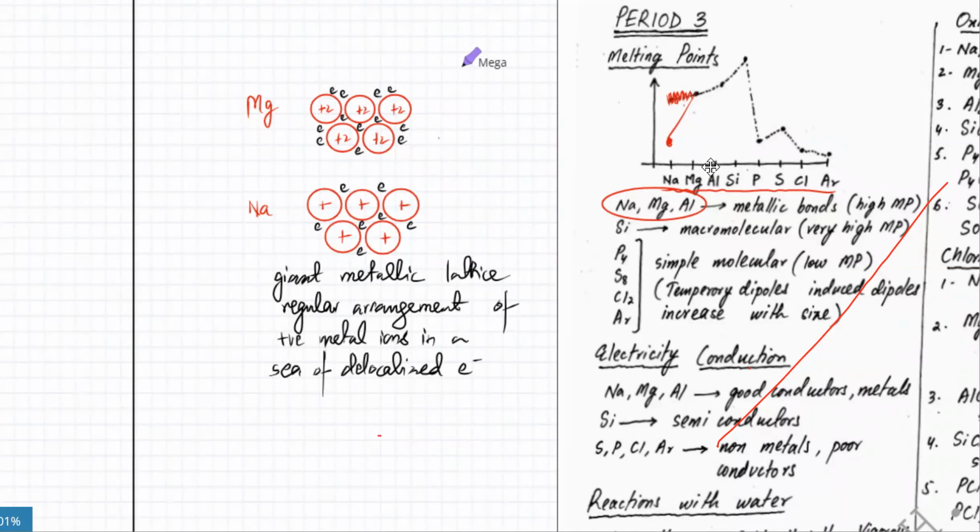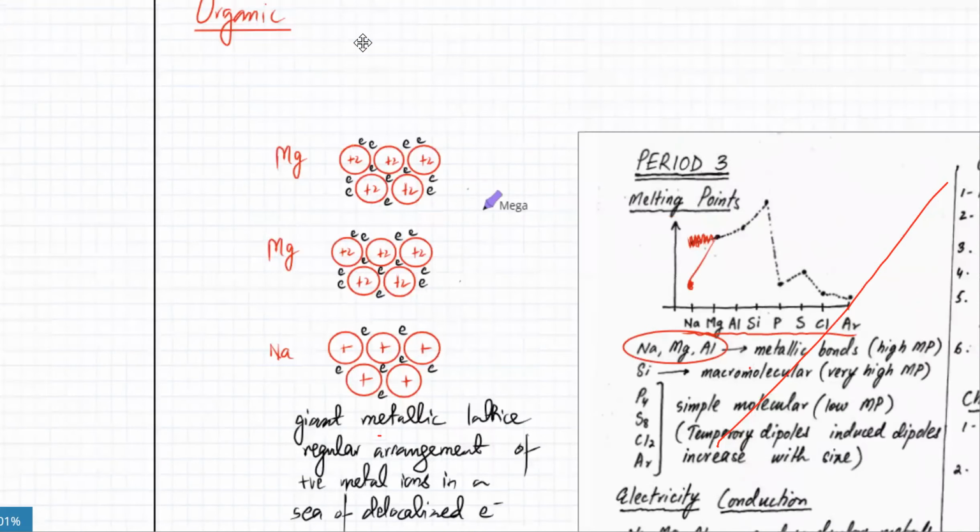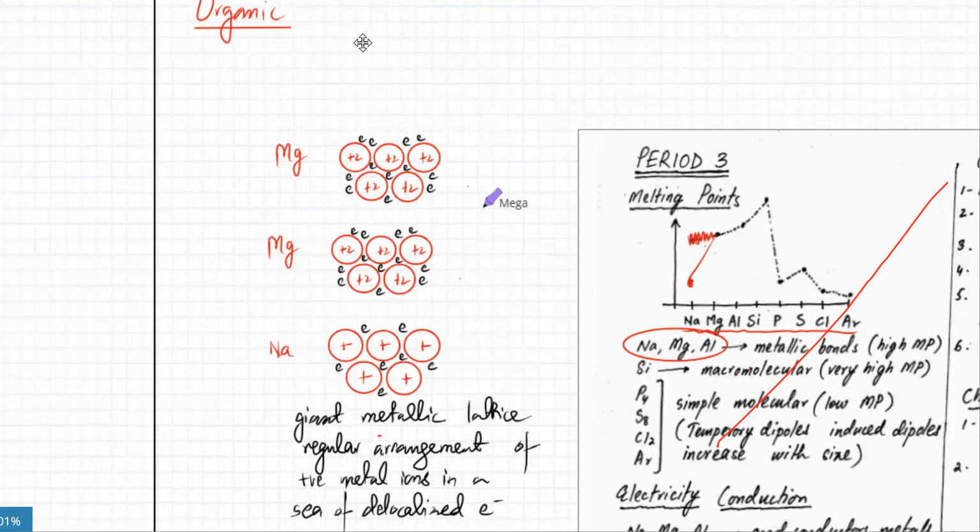And then you have aluminium. The reason I'm drawing all of them is because you would have to explain why the melting points are increasing. Magnesium has an even higher melting point. And then the last one is aluminium, which has an even higher melting point compared to the other two. Aluminium will have a charge of +3 because it's in group 3.